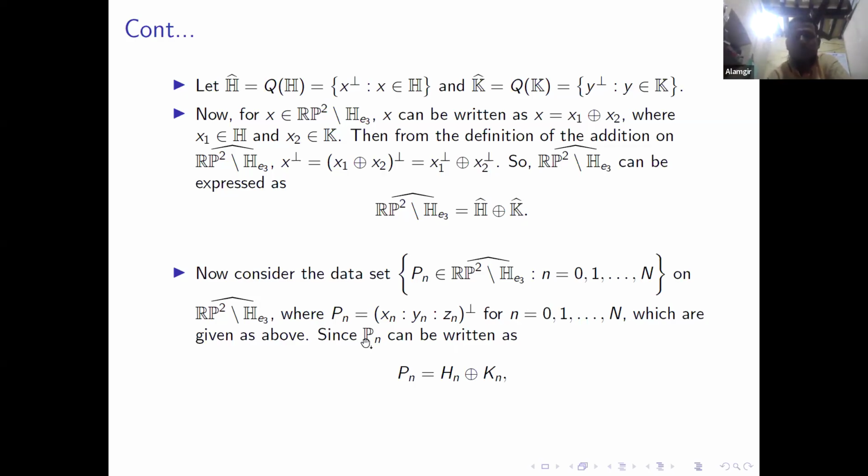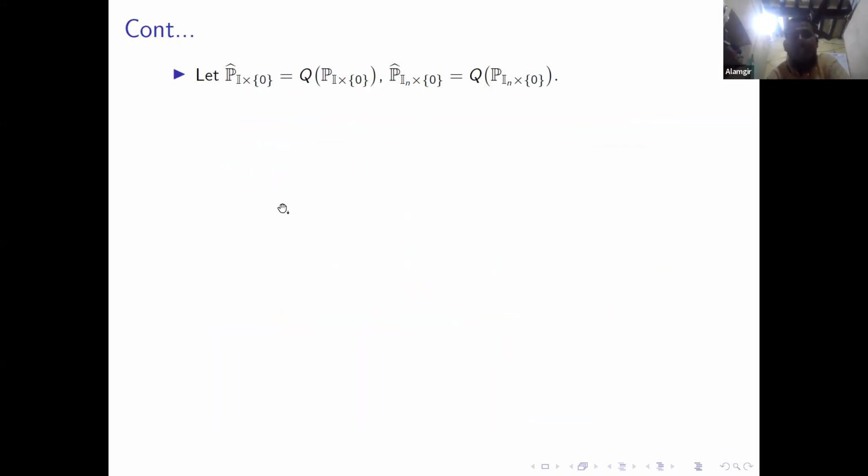Any Pn can also be written as Hn plus Kn, where Hn is the hyperplane where the y coordinate is 0 and Kn is the hyperplane where the x coordinate is 0. And we consider the dual projective interval. This is nothing but the image of the projective interval, and the dual sub-interval is the image of that projective sub-interval.